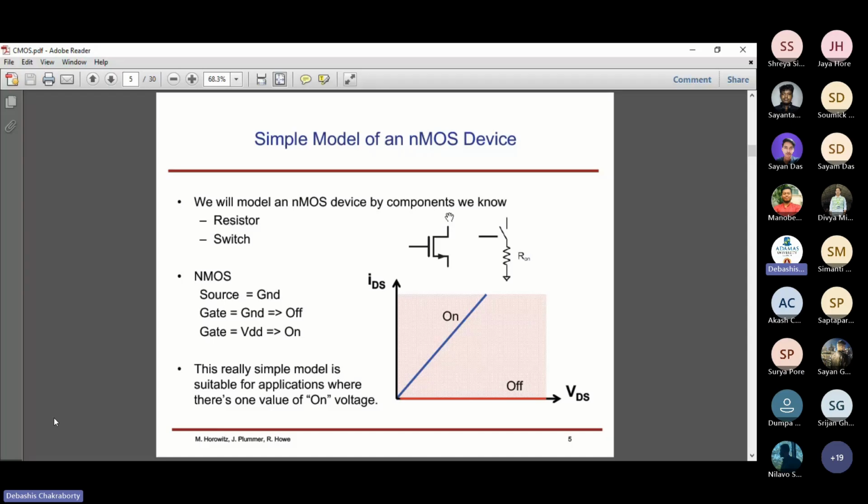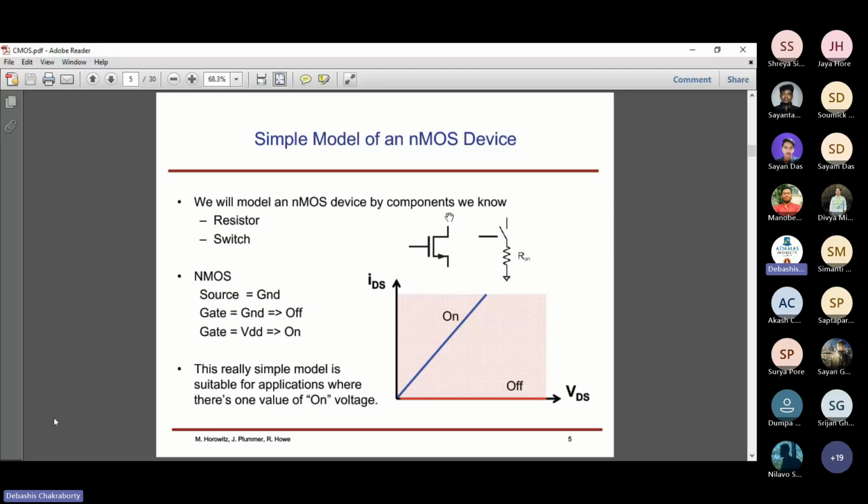Its value is approximately plus 5 volt, plus 6 volt, or sometimes plus 10 volt or 15 volt, a DC power supply. The transistors are always operated with a DC power supply, and its value may vary between 5, 10, 15 volts, like that.